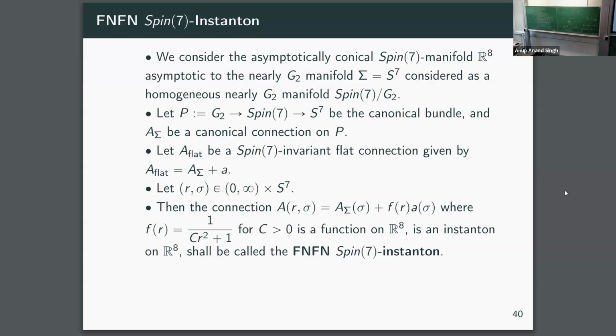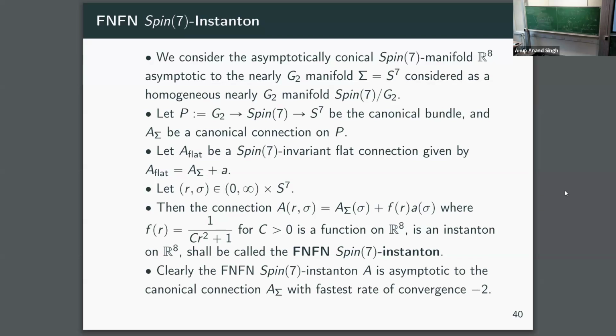Using similar techniques as FNFN themselves, I calculate what this f(r) should be, and that's my value of f(r). And I talked about this critical rate. It's pretty clear that for this instanton, it's 2.